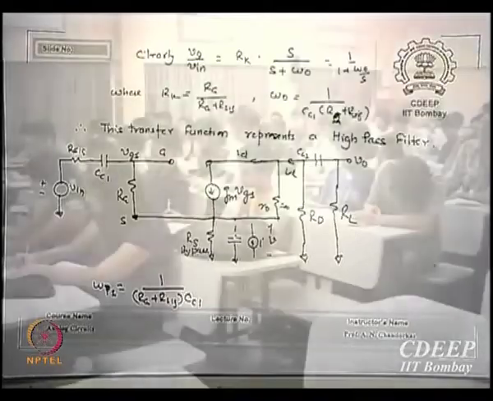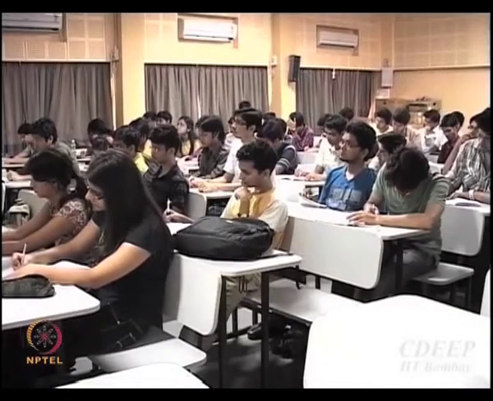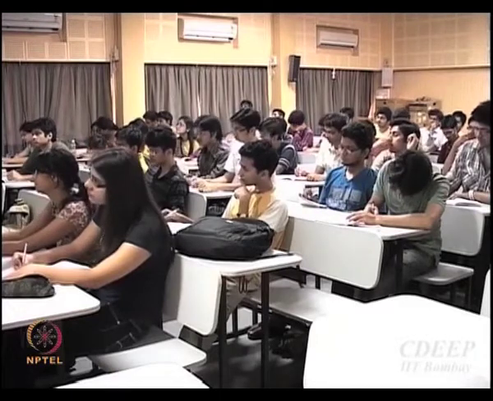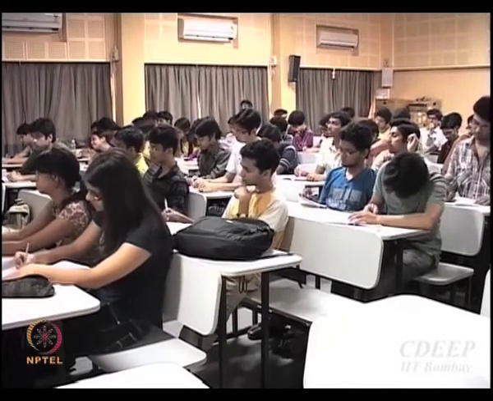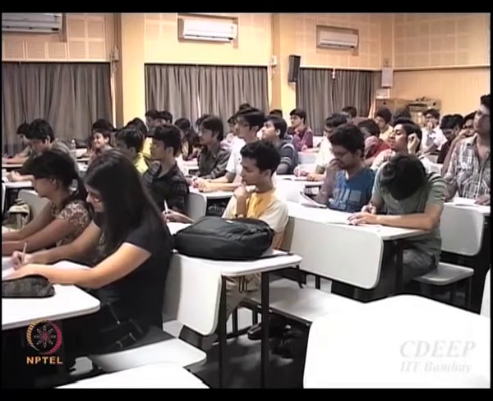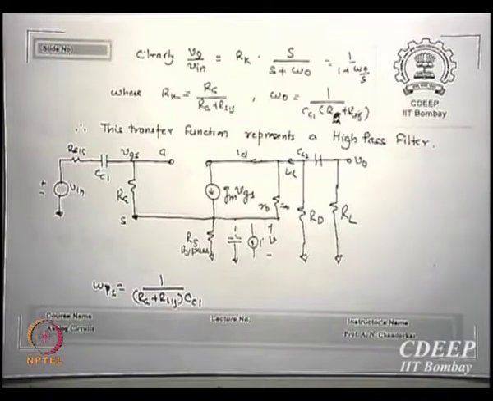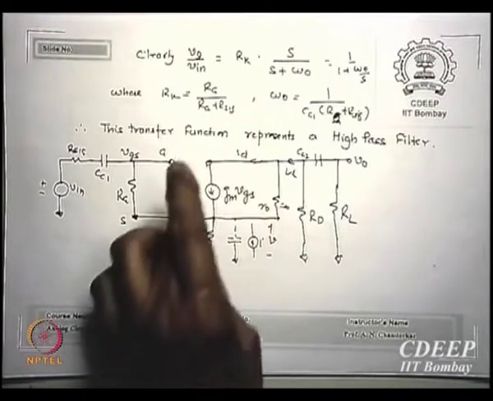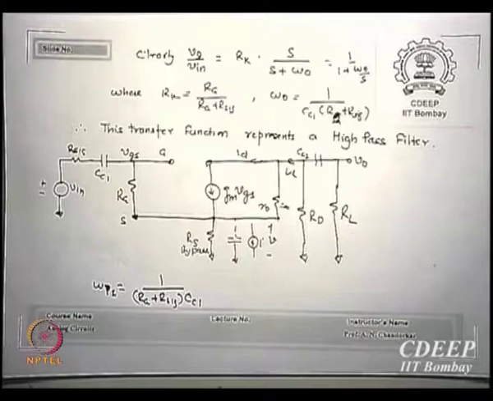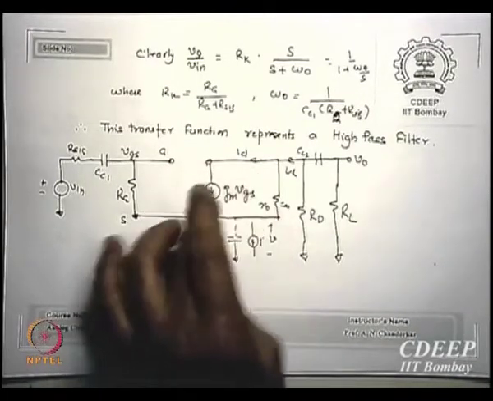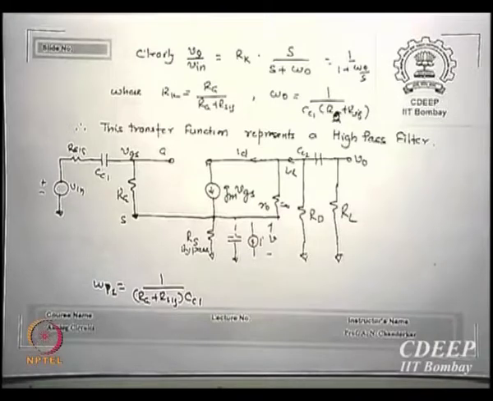At lower frequencies RS is not bypassed, this fact has to be understood, but at higher frequency RS is bypassed. So in calculation of low frequency, RS cannot be neglected because RS is used for DC. It is only bypassed when frequencies are very high, otherwise RS appears because this impedance is not shorting RS, it is finite.